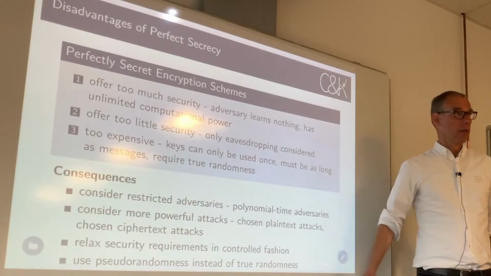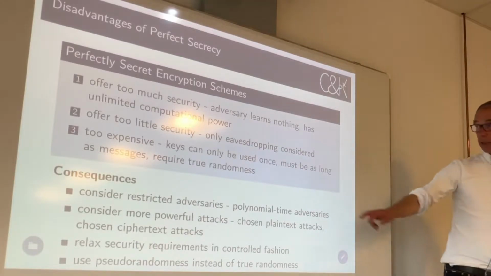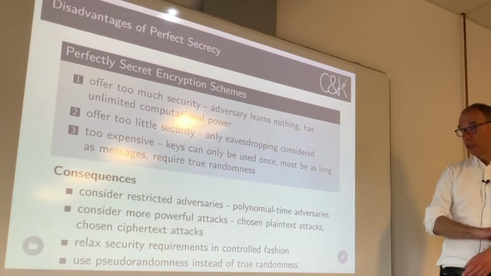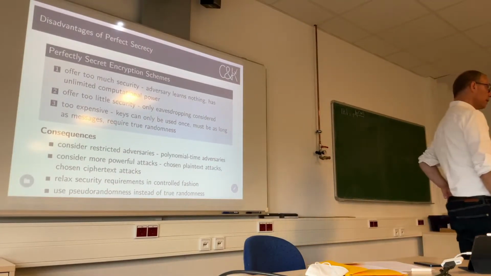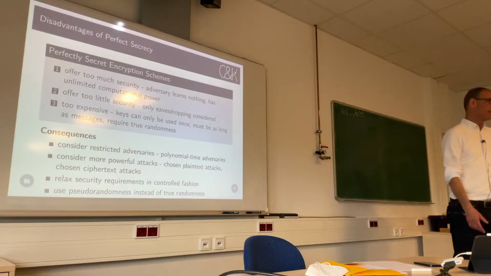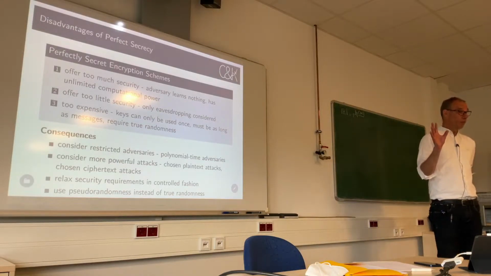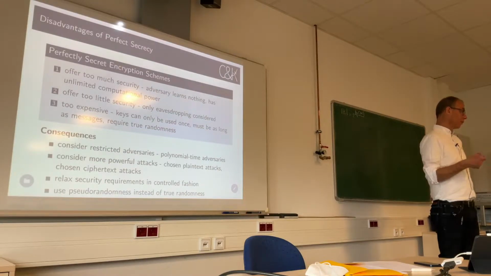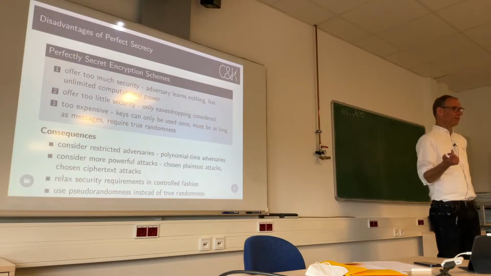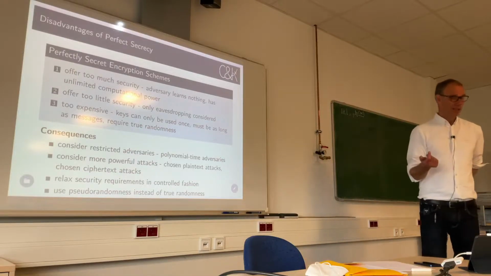And relating to the last point, we will often use pseudo-randomness as much as possible instead of true randomness. Pseudo-randomness, I will define it formally, is things that look like they are random to certain adversaries but are not. That's why they're called pseudo.